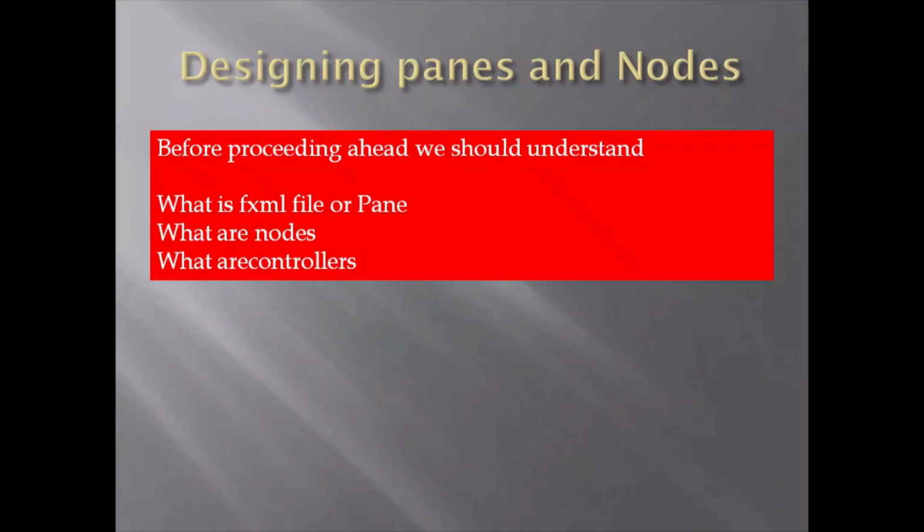Number two, what are the benefits of this pane, why other panes can't be used here, and which will be helpful for making it easy or giving a good appearance. Next one is what are the nodes in a JavaFX GUI application. So before going ahead, let's have a brief idea about this one. After that, we will design each pane and its nodes.